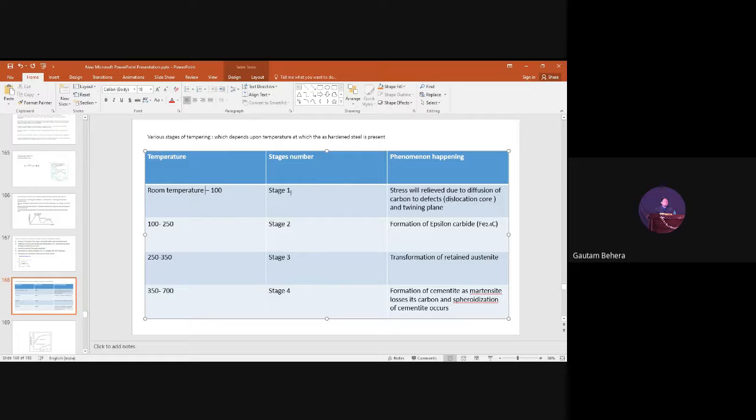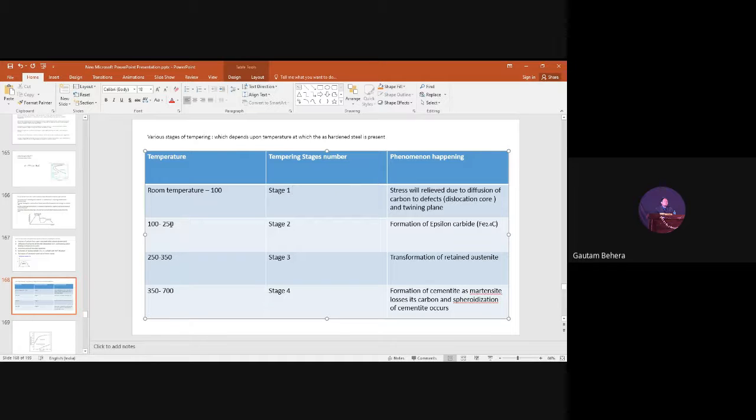This is called stage 1 tempering. What will happen? Stress will be relieved due to diffusion of carbon to the defects, dislocation core and twinning plane, right? So stress will start getting relieved at this temperature.